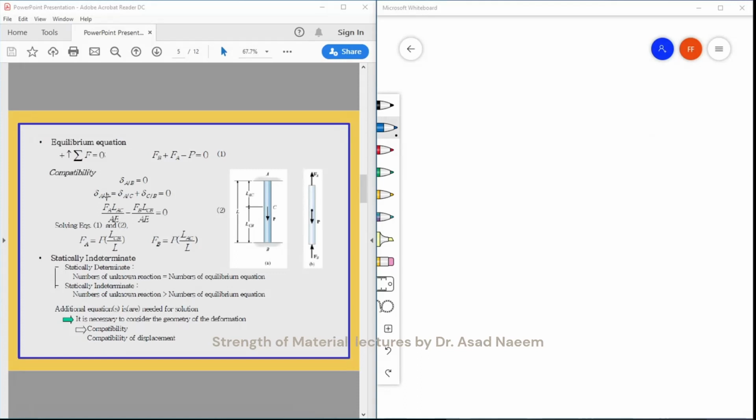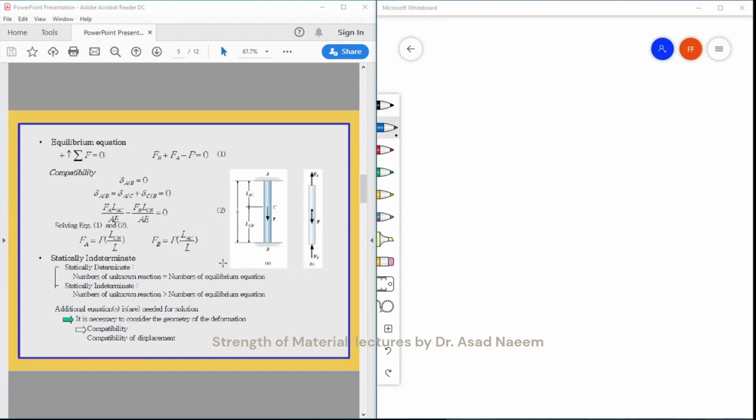So we have an equilibrium equation and a compatibility equation, and then as we know, delta is equal to force times length over AE, and we can form another equation, and just by putting the values we can calculate the forces, which in this case are FA and FB. When we do the example, you will understand more.